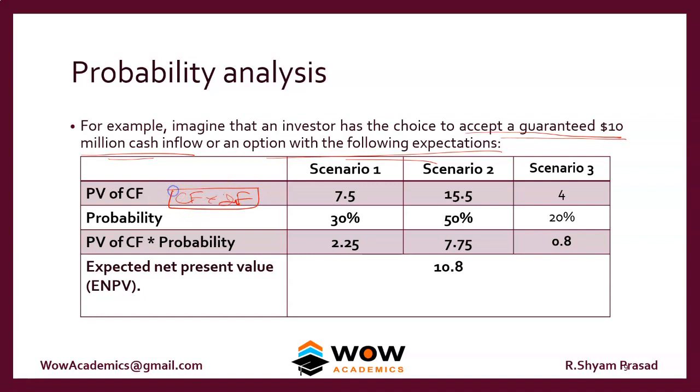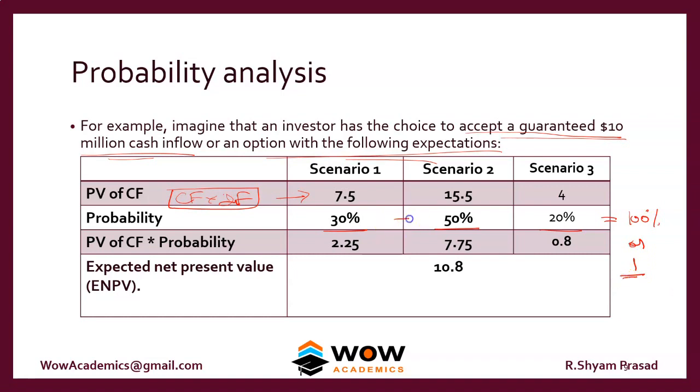So we have got the number 7.5 in scenario 1, 15.5 in scenario 2, and 4 in scenario 3. The probability of scenario 1 occurring is 30%, scenario 2 is 50% and scenario 3 is 20%. Put together you have to always get a probability of 100%, or the number 1.